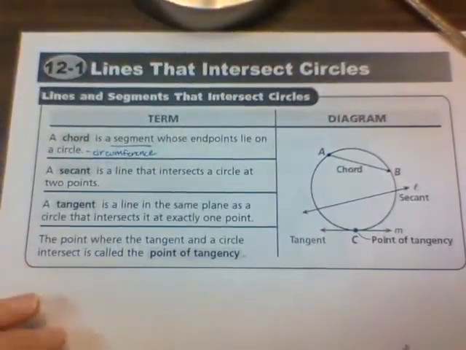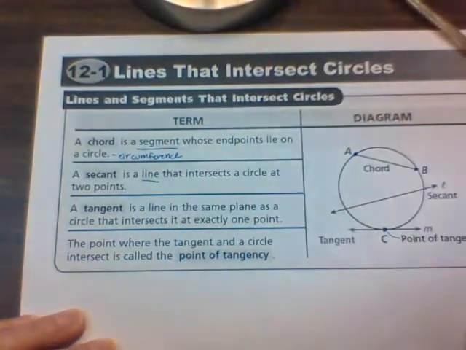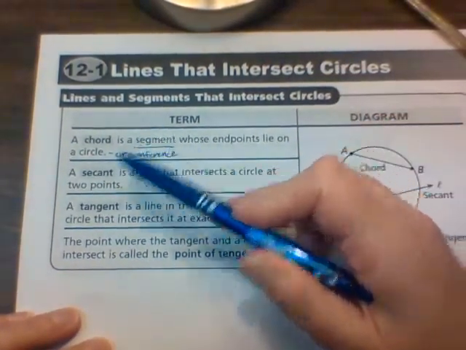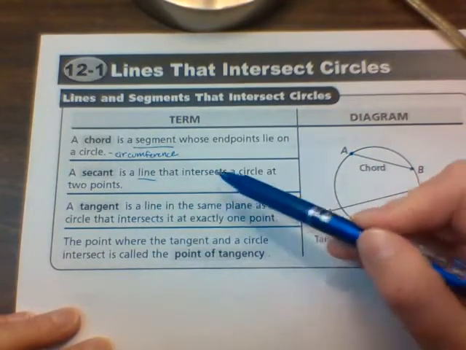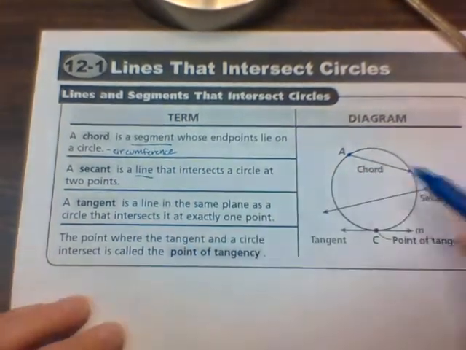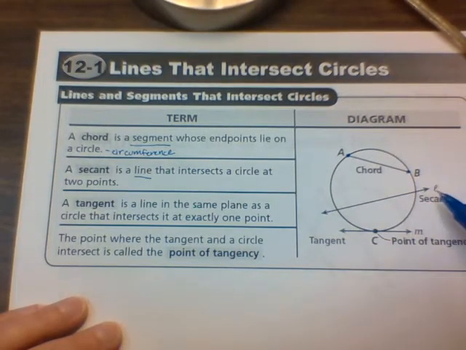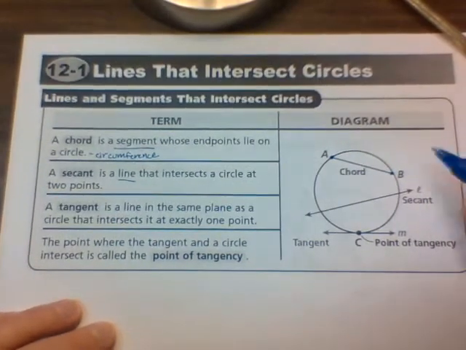All right, then the next one is a secant, and again, I mentioned that there were going to be lines. Secants are basically chords that we've made into lines, okay? So they intersect a circle at 2 points, and those 2 points are on the circumference, but then it goes through. Okay, so here we are with secant line L, because of course we love to use cursive L's for lines.